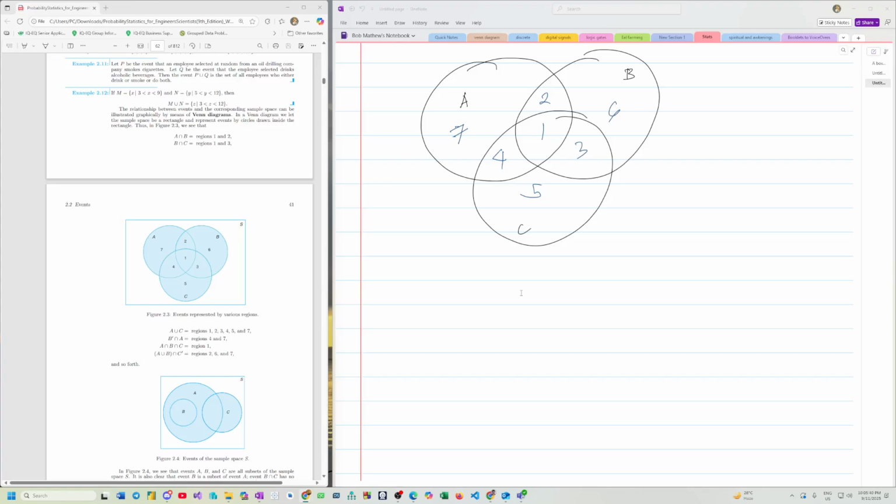It says A union C. So what are the elements? In A, which is this one, we have 1, 2, 4, and 7. Now we also have C, which is this one. So we have what?